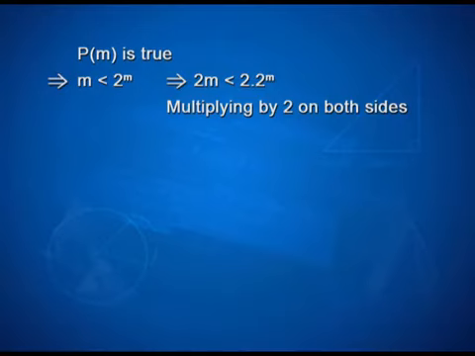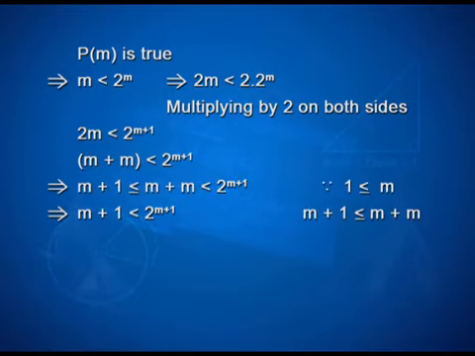That implies 2 into m is less than 2 into 2 raised to m. Multiplying by 2 on both sides, we have 2m less than 2 raised to m+1. 2m can be written as m+m, less than 2 raised to m+1. Obviously, m+1 is less than or equal to m+m, less than 2 raised to m+1, since 1 is less than or equal to m.